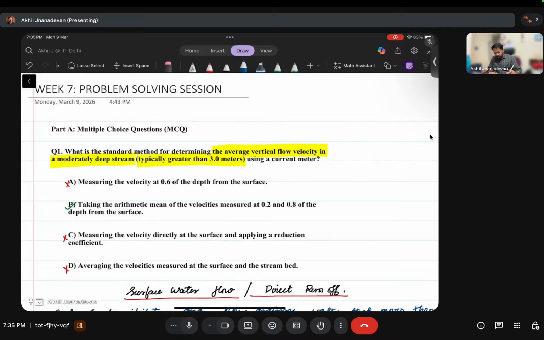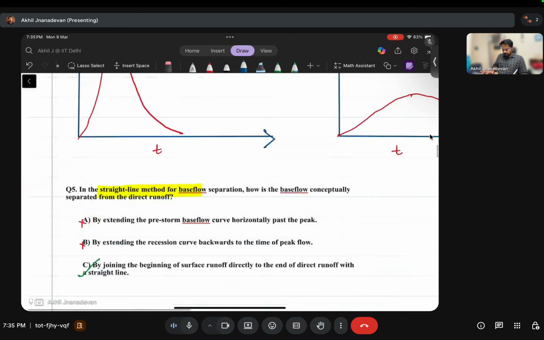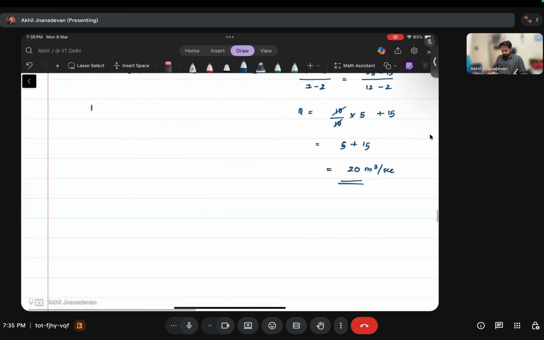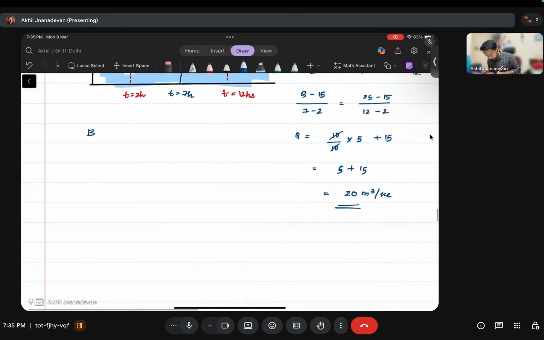The base flow rate at t equal to 7 hours is 20 meter cube per second by the straight line method.